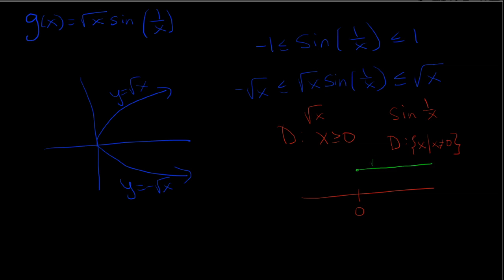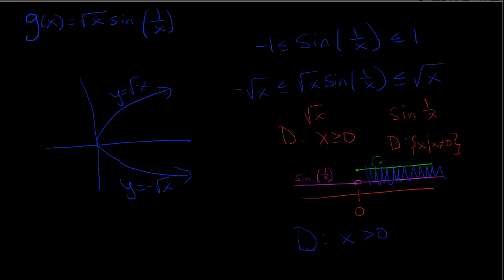So this is for square root of x. And then for sine 1 over x, it's everything except 0, since I can't divide by 0. So if I combine these two, I look at the intersection, and the intersection is clearly over here. So the domain will be strictly positive.